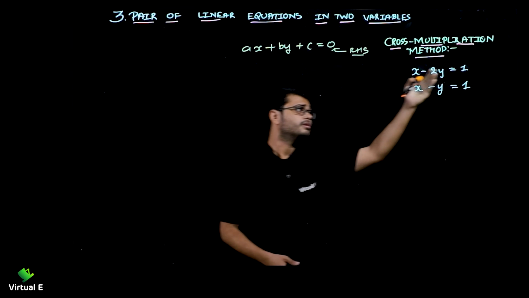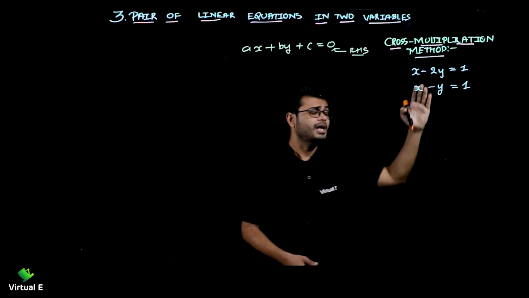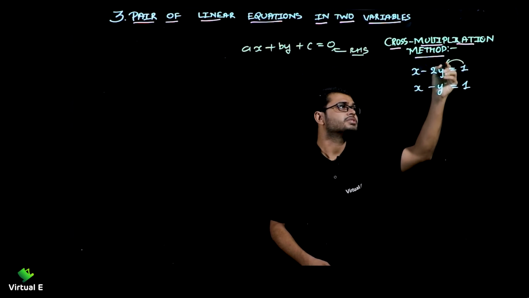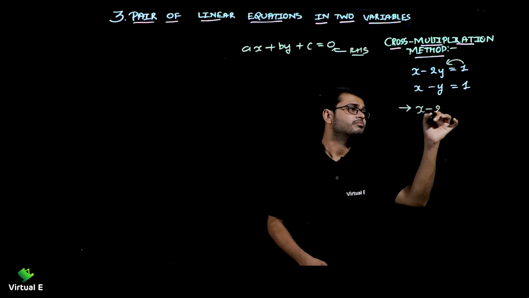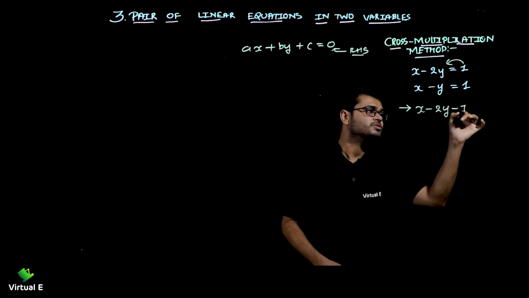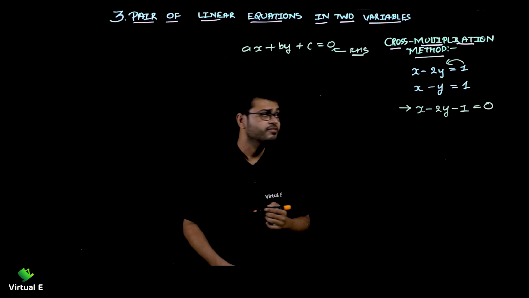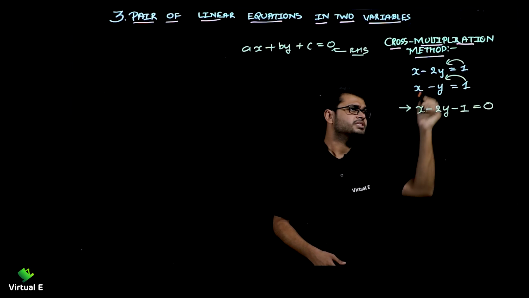So if I convert this first equation into standard form, RHS 0, indirectly I will be shifting 1 over this side. So I can write x minus 2y minus 1 is equal to 0. My first equation in standard form. Second one, let me shift this one over this side.